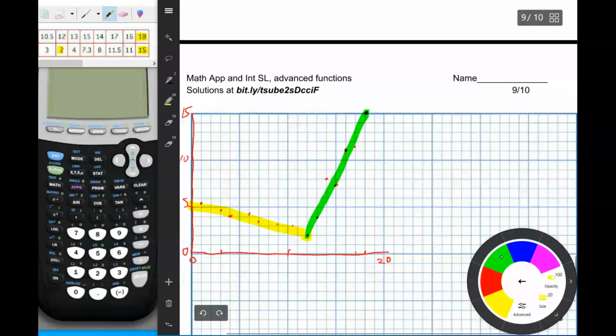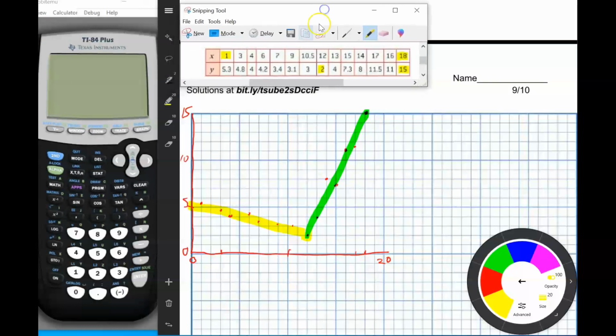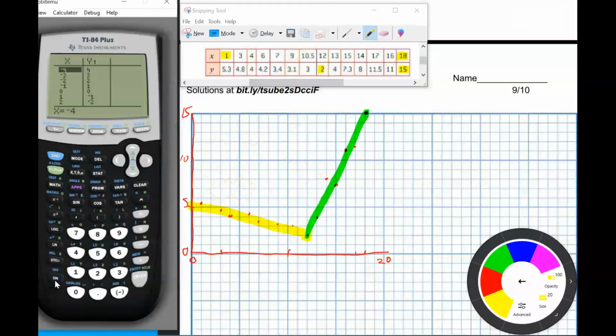Then we'll do the same thing for the green points. And then we'll have two separate lines that we have found with the calculator's linear regression function. And then that would help us make a piecewise function for this kind of real life problem here. This is something that people have done in their IAs with great success.